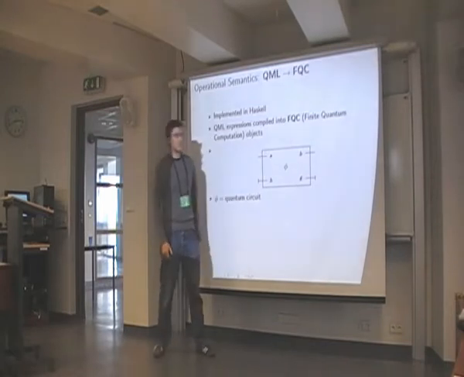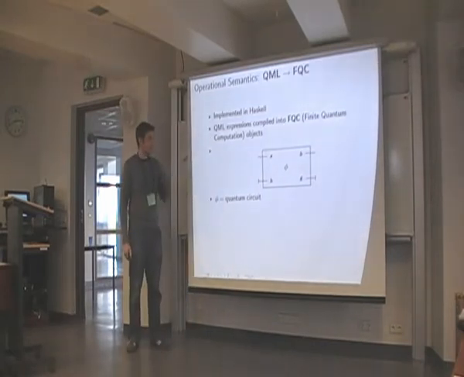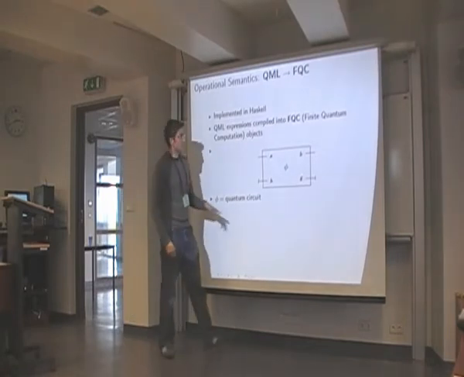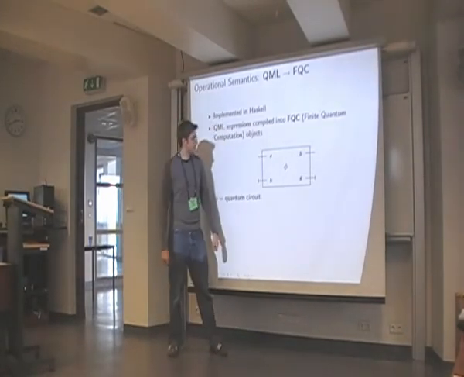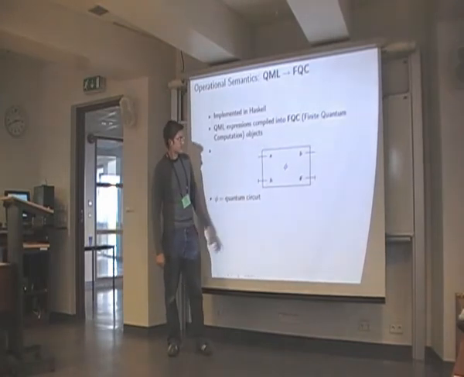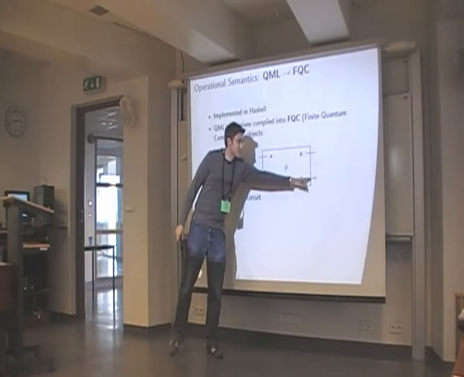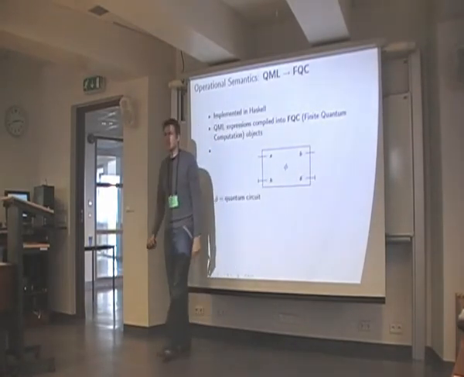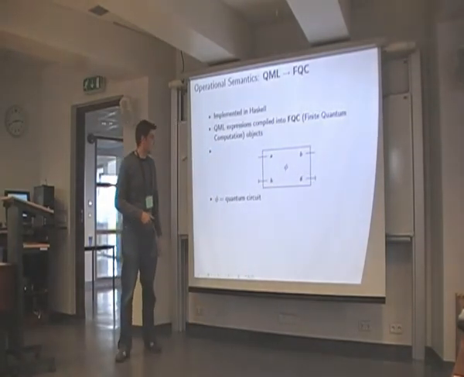There's your useful input. The input you want is given as a number of qubits. The useful output is given as B. Any auxiliary input you need and any garbage is produced, and this symbol means that the garbage is measured at the end of the computation.